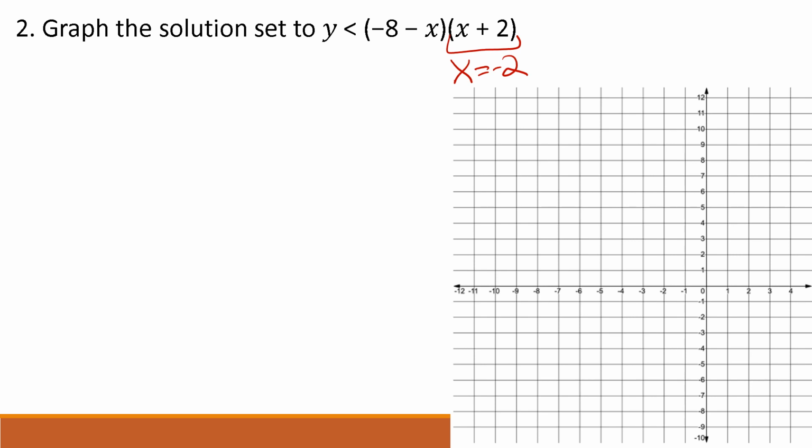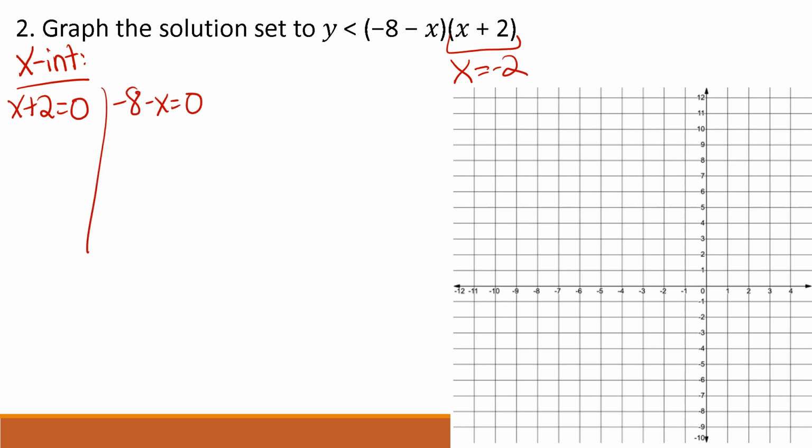When we're trying to find our x-intercepts, we're technically setting both of those things equal to 0. We're saying x plus 2 equals 0 and -8 minus x equals 0. The -8 minus x looks kind of funky, so we're going to go ahead and set them equal to 0. So x equals -2. That's one of our x-intercepts.